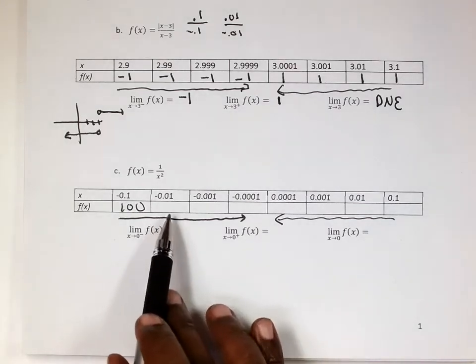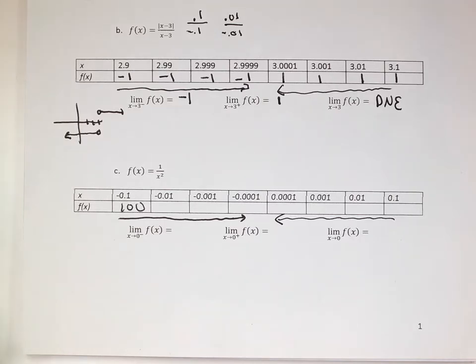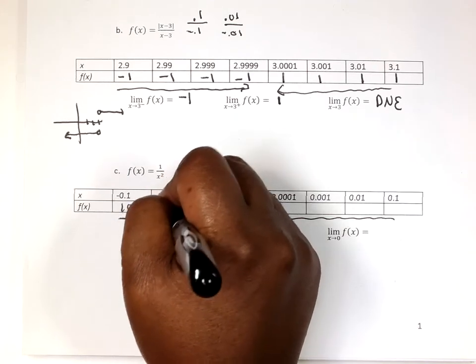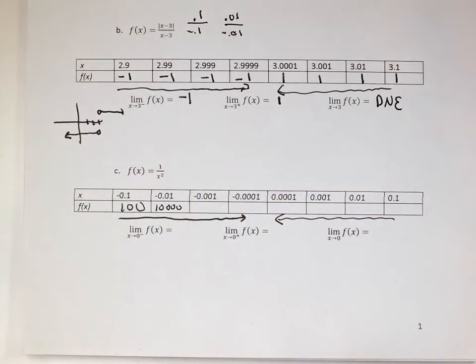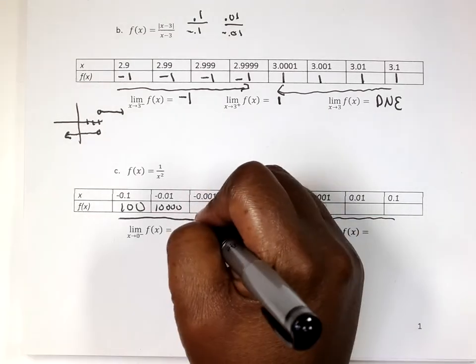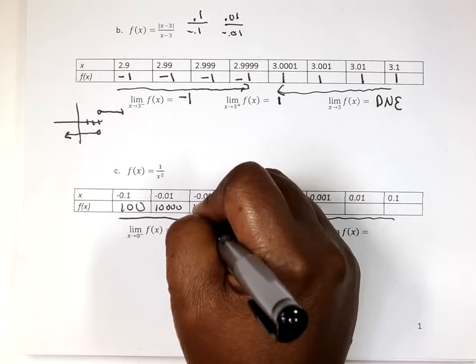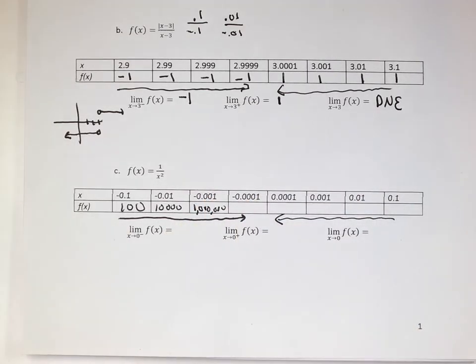When you put in negative 0.01, square that, and then take the reciprocal again, you get 10,000. And then negative 0.001, square that and flip it. You end up with 1,000,000.